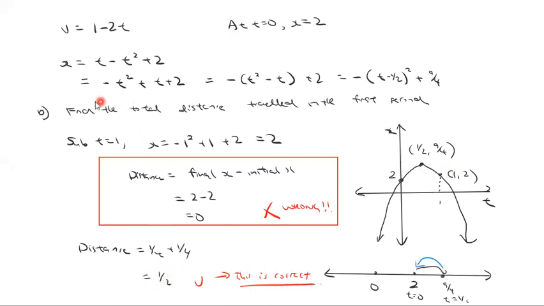Now, I used x to do this question. Alternatively, I could have used v, and maybe you would find it easier. Let me show you an alternative method. You might find v easier for this particular question, but I need to show you different ways of doing it. So we know that v equals 1 minus 2t.